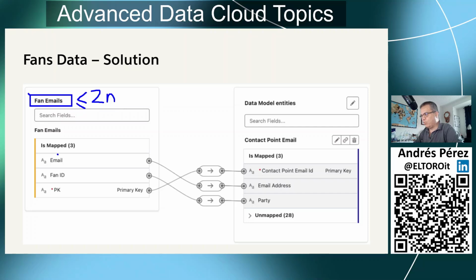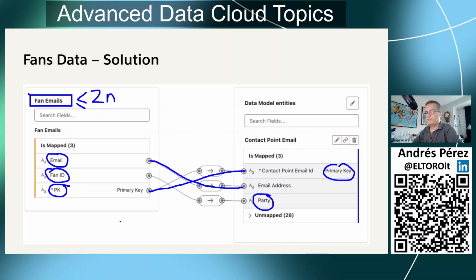Now it has only one field called email, and that single field goes to the email address. We also have a primary key, which is the one that we are creating a formula field for, and that is going to go into our primary key. And then the fan ID, which is the original primary key on the original table, is going to go to the foreign key.